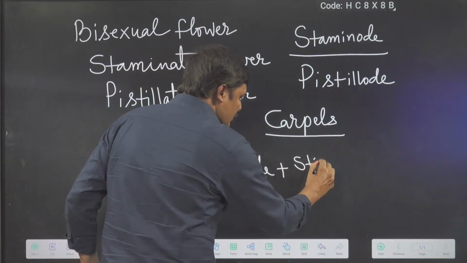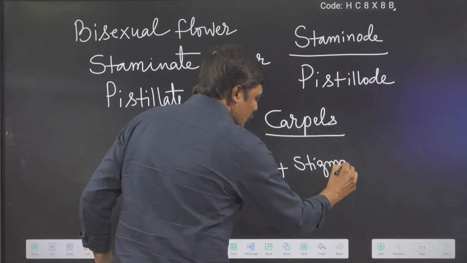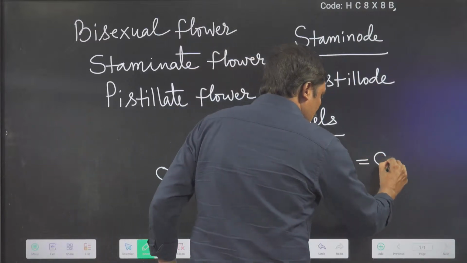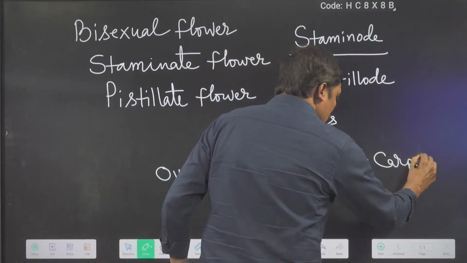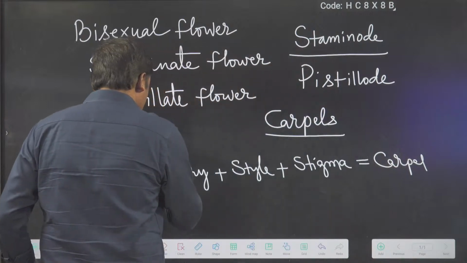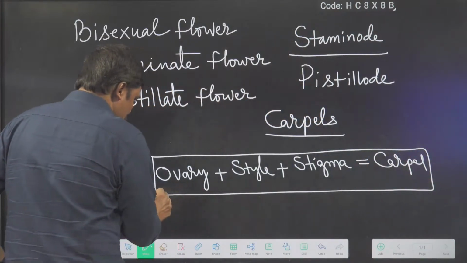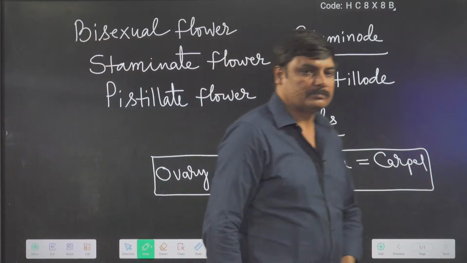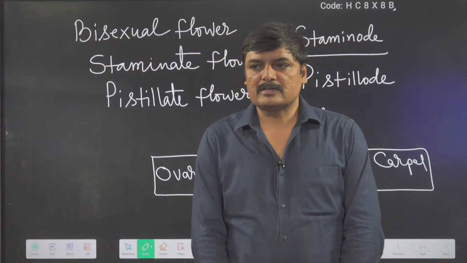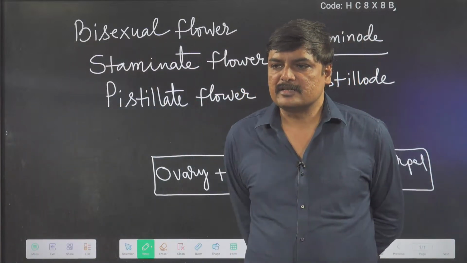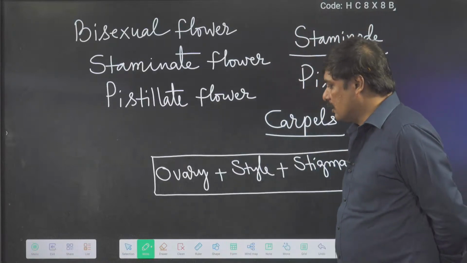Style ends with stigma. Ovary plus style plus stigma is equal to carpel.